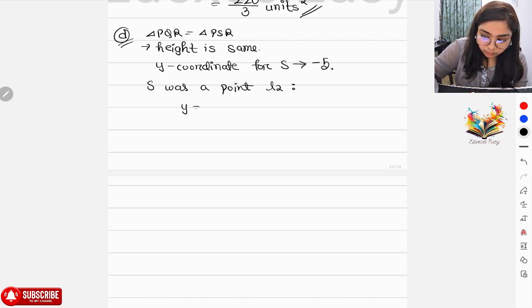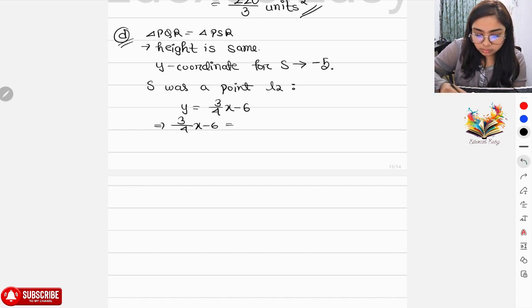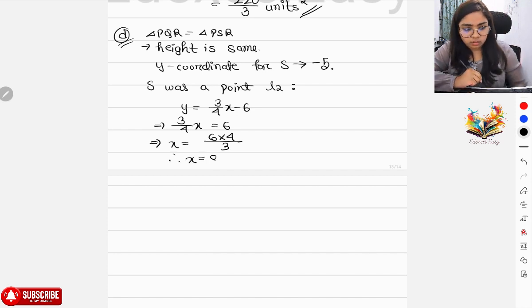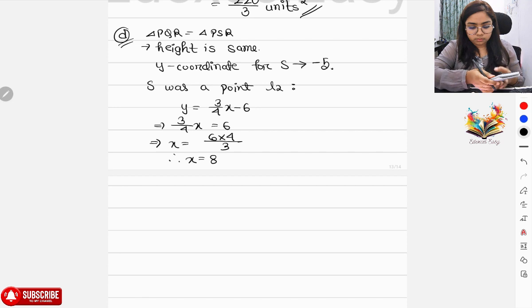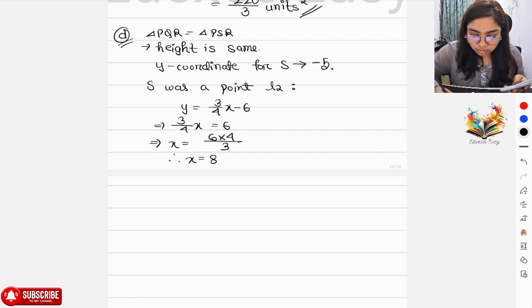So now I can write 3 by 4 x minus 6 equals 0. So I'll just take that 6 to the other hand side, and that would be 6 into 4 divided by 3, that's 24 by 3. So the x coordinate is 8 in that case, right? Wait, sorry, I made a mistake.